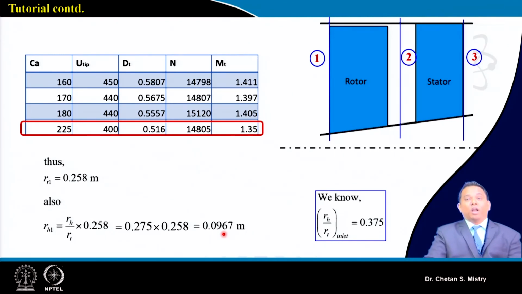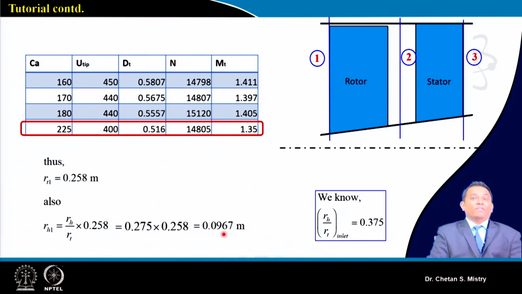Now, based on our understanding, we are finalizing our entry dimensions at the tip and at the hub, and this is the calculation at the entry. Here we are stopping.